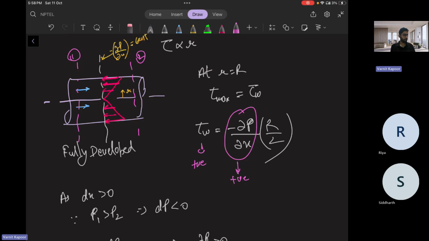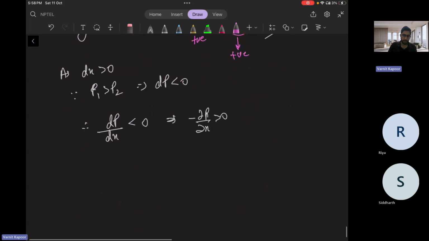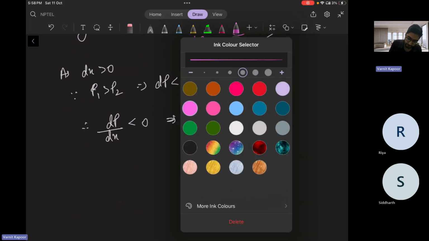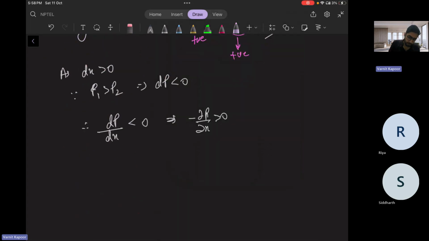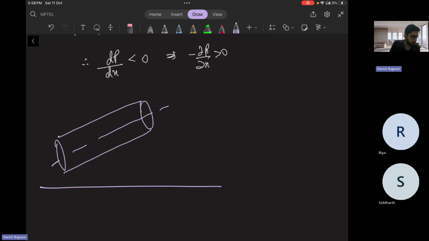Okay. Is it clear? And if my pipe is inclined, so I'll write, if I have an inclined pipe, this is suppose making angle theta.